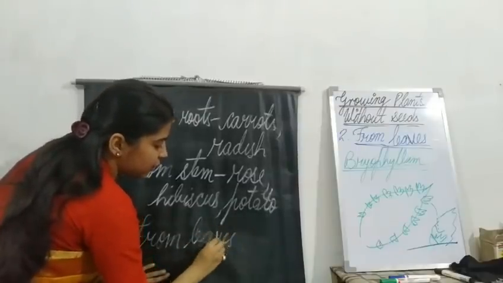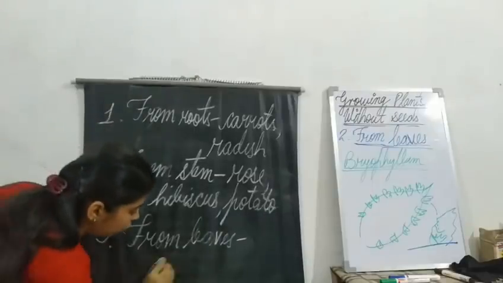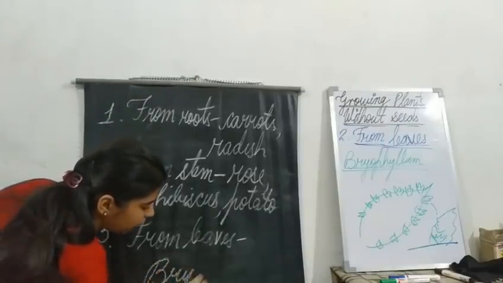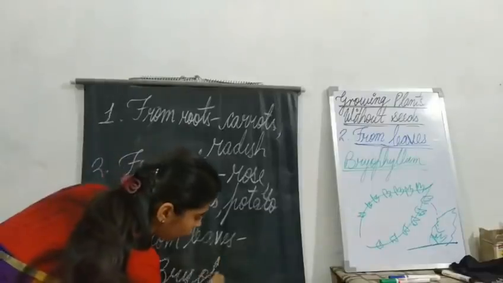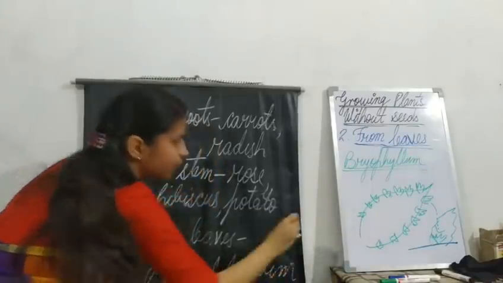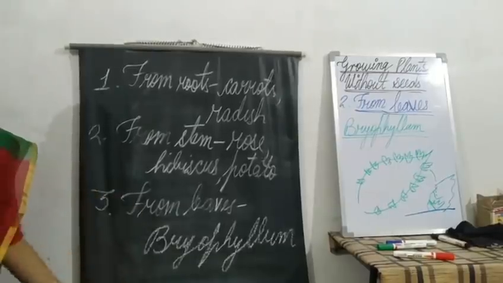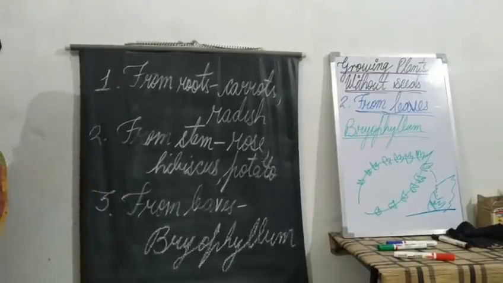That is from the leaves, edges of the leaves, the buds will separate out, and a new plant will come out from it. So one such example is bryophyllum. Is it clear to you all, students? So this is how we can grow the plants without using the seeds of the plants.